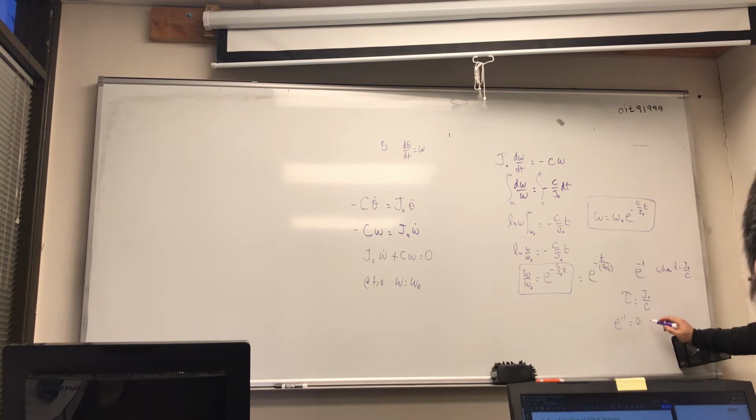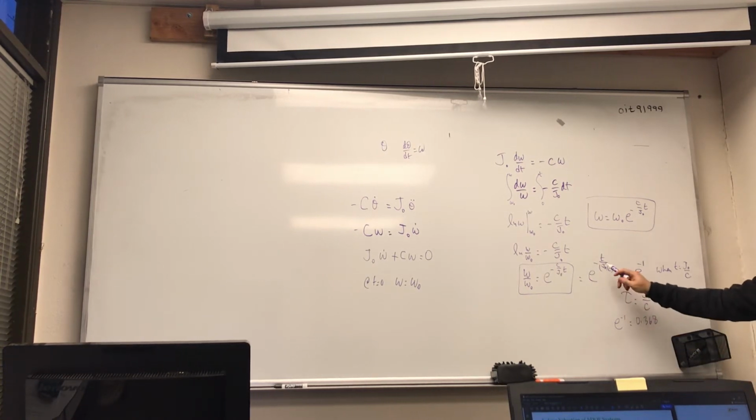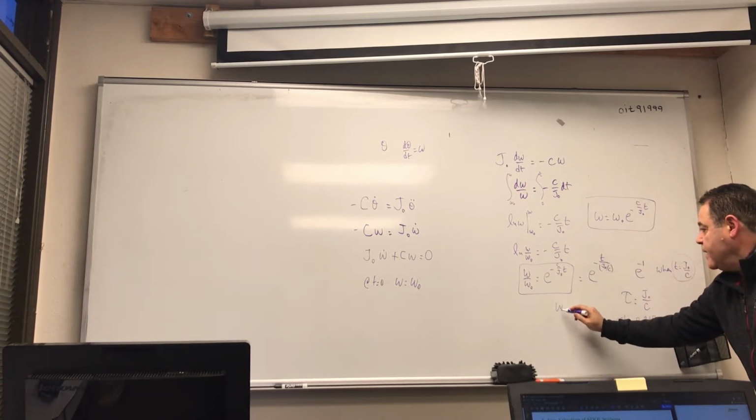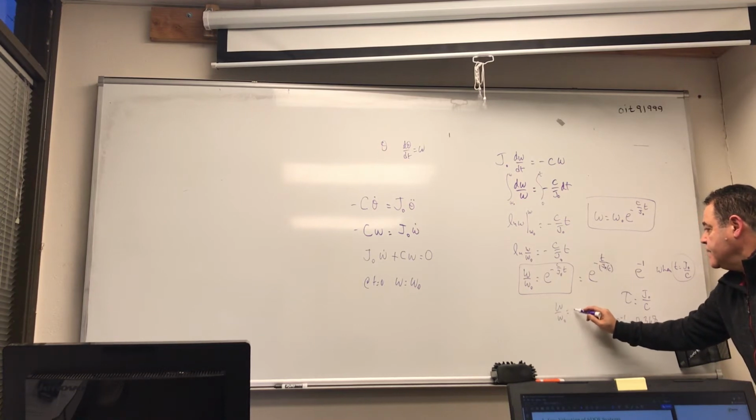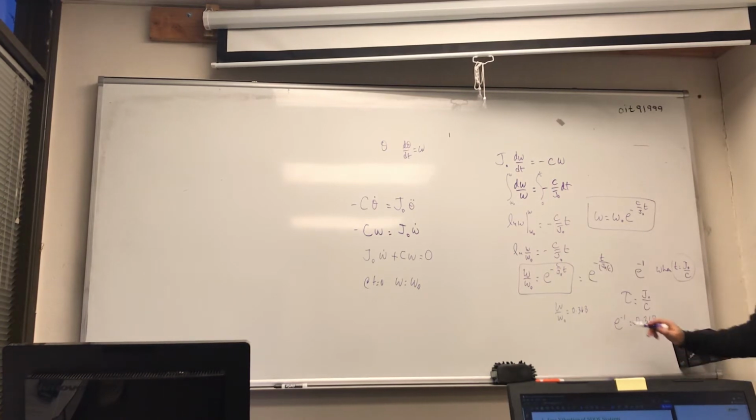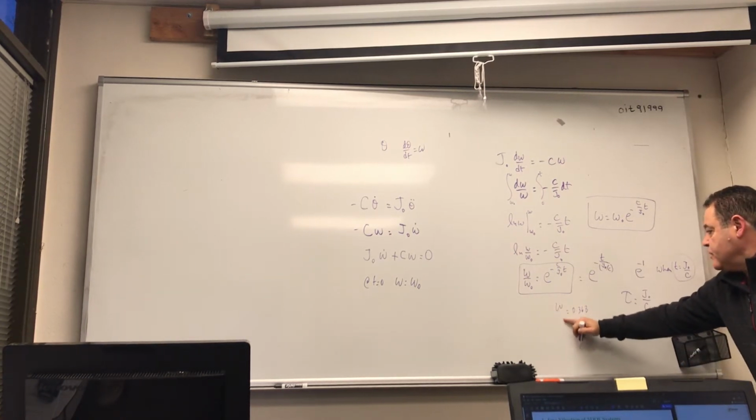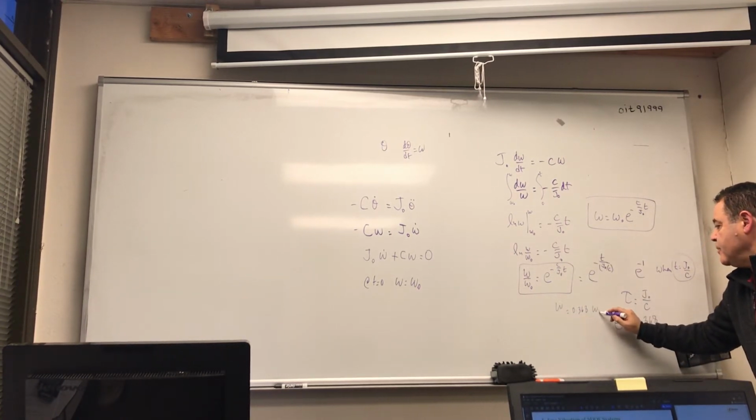Okay. So it's just that natural. And then what does it mean? That means when t is equal to this, omega over omega naught is equal to 0.368, right? Meaning that omega is equal to 0.368 omega naught.